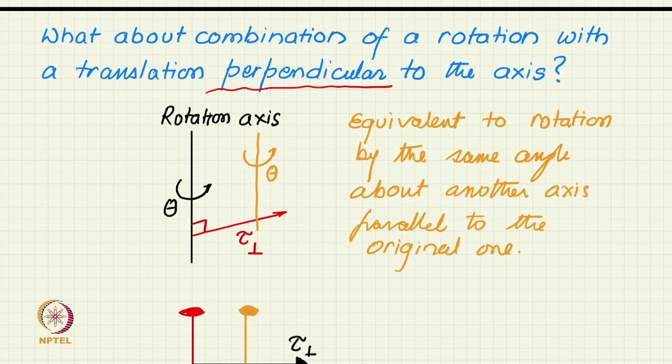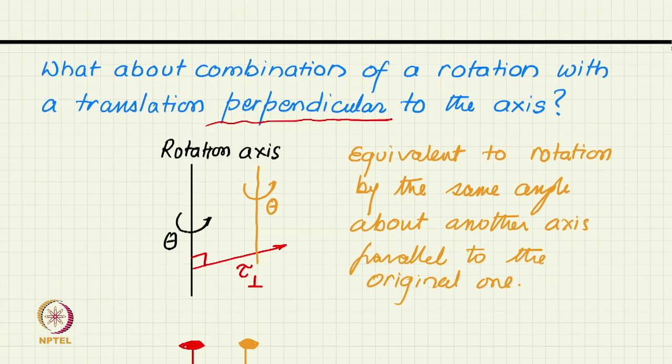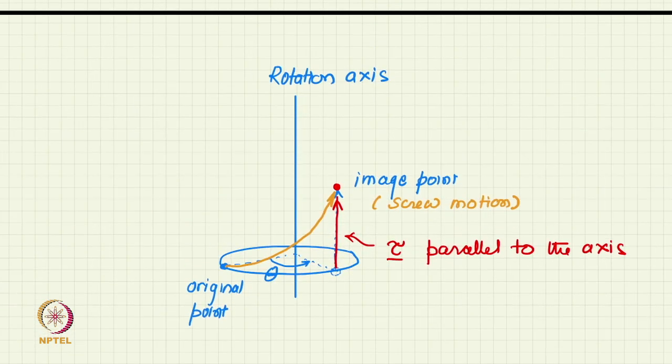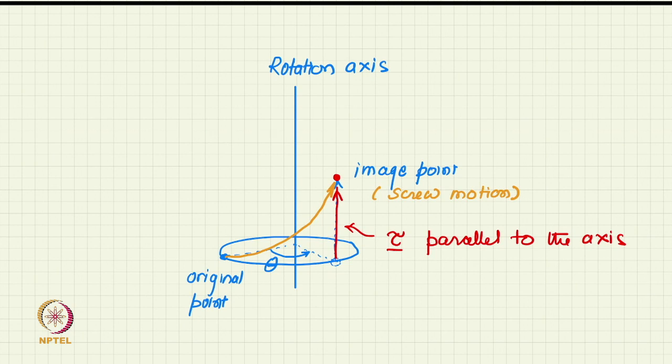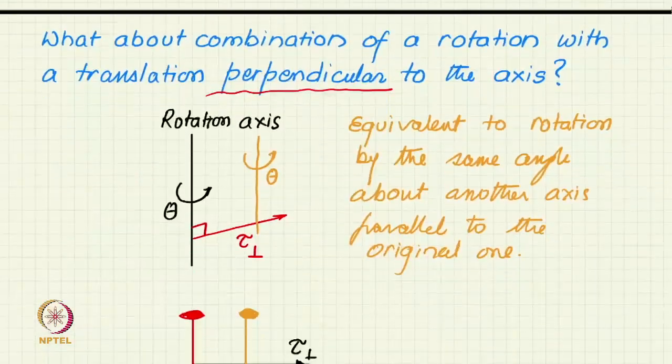So, that is why this case is not given any special name, it is just a combination of two operations resulting in another operation. But this particular case is a new case for 3 dimensions and is given the name screw rotation, or screw motion, and the rotation axis is called the screw axis, where the translation is parallel to the axis.